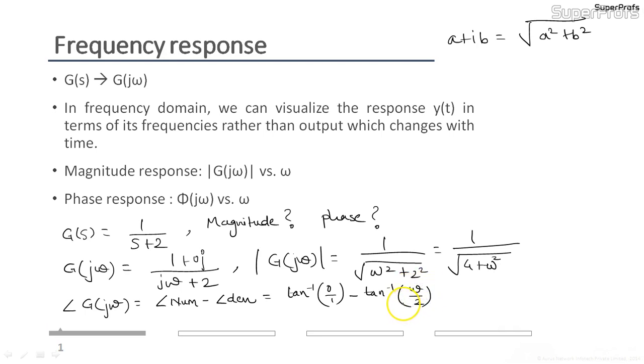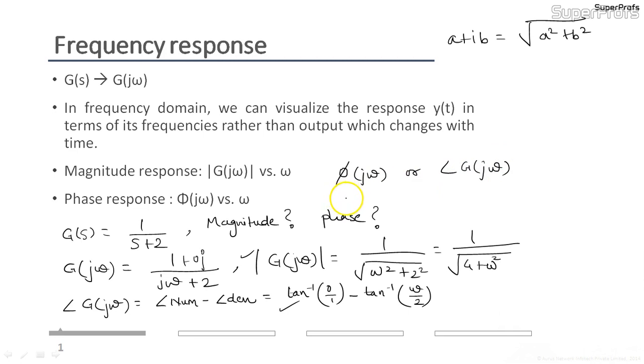So this is how you calculate magnitude and phase of a particular transfer function G(s). The first step is to convert s into jω, and then we can find the magnitude response as well as phase response. Phase response is represented by phi of jω or angle of G(jω).